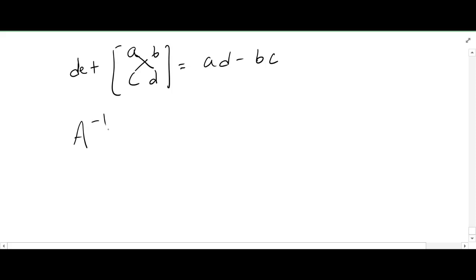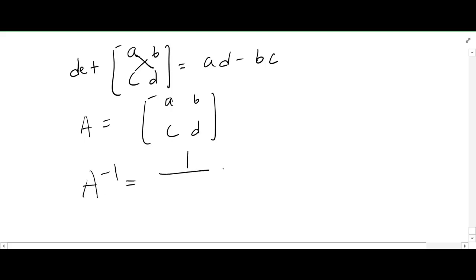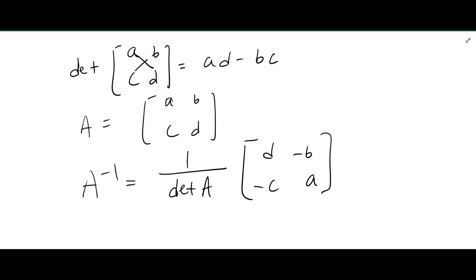If A is A, B, C, D, then the formula for A inverse for a 2 by 2 matrix is 1 over the determinant of A, and then swap these and negate these. That's a formula for the inverse of a matrix using this determinant thing. So that one's nice to know.